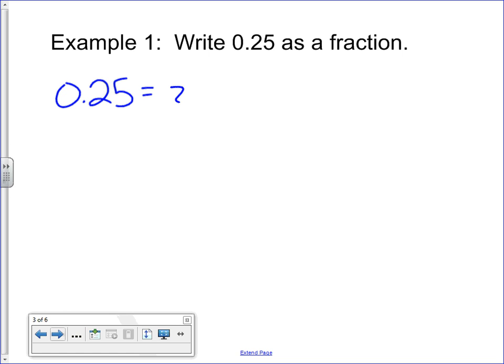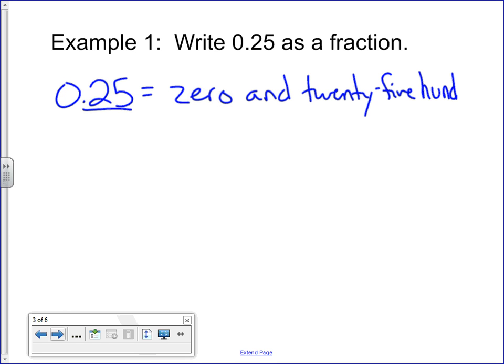I would say 0 and 25 hundredths. Why is it hundredths? Because the last part of the decimal is in the hundredths place, the second place.